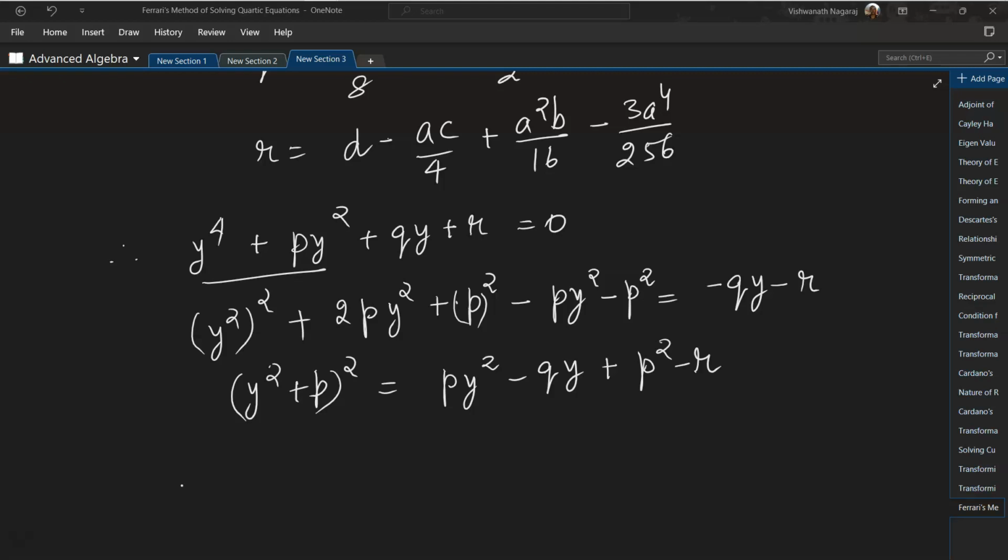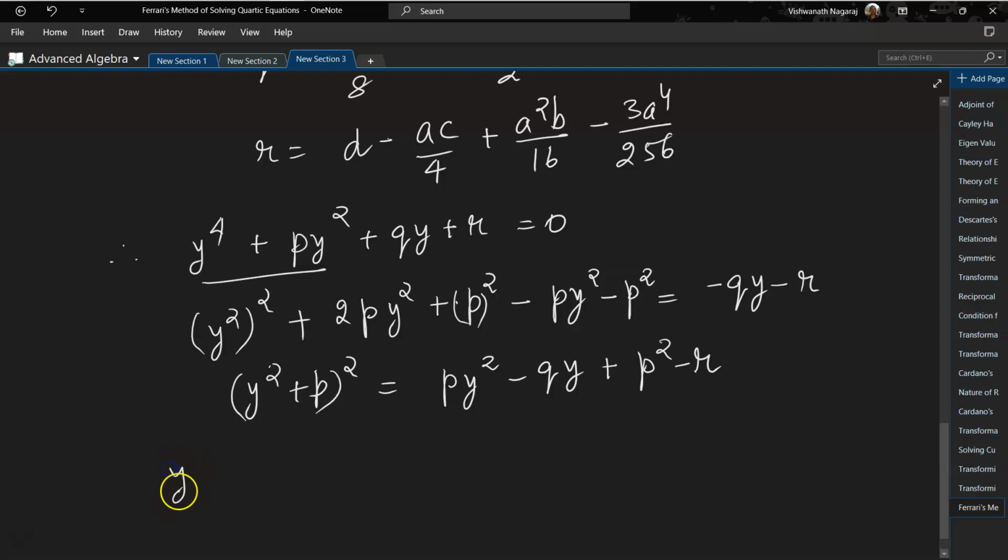So we should end up with 5. This is quadratic, so here you will have a perfect square with 2 terms. That means here we should have a perfect square with 3 terms, so 3 plus 2 is 5. For that purpose, we will say (y² + p + λ), adding one term lambda and making it a square.